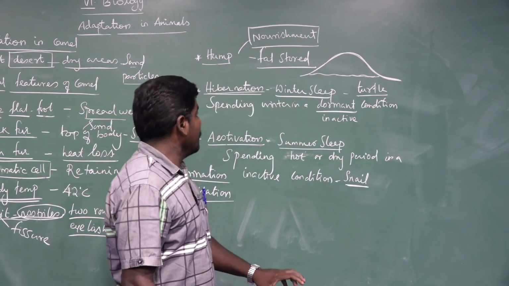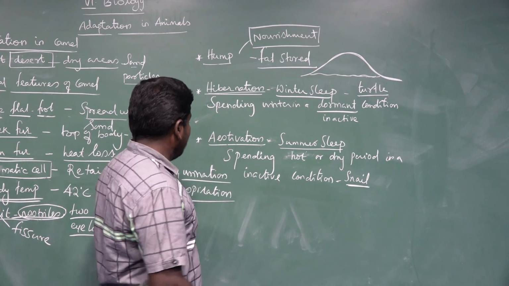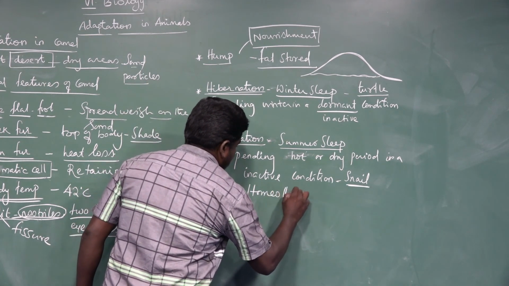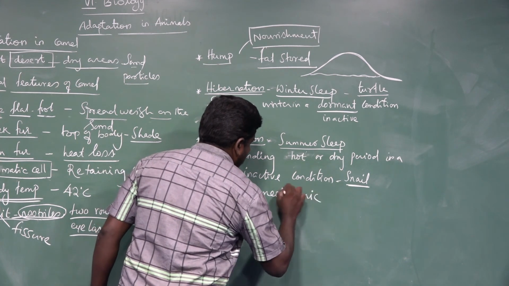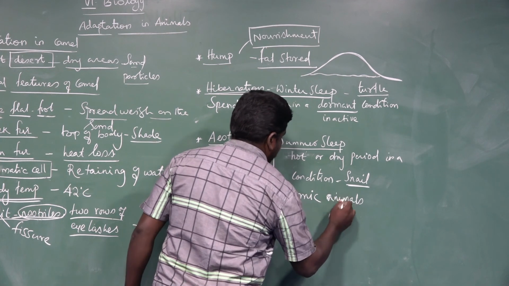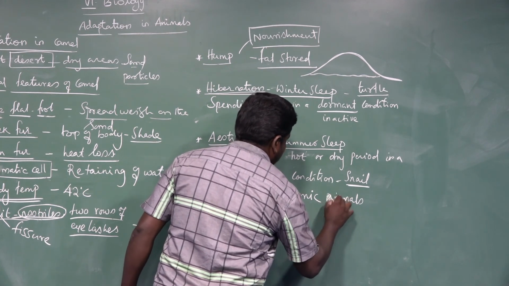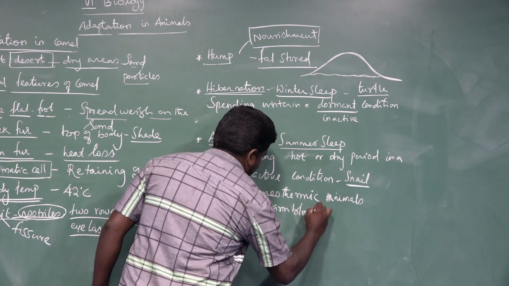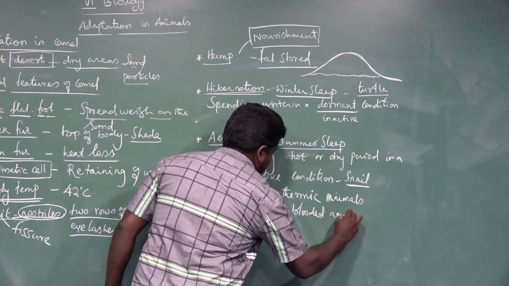At the same time, the camel is a homeothermic animal. Homeothermic means warm-blooded animals.